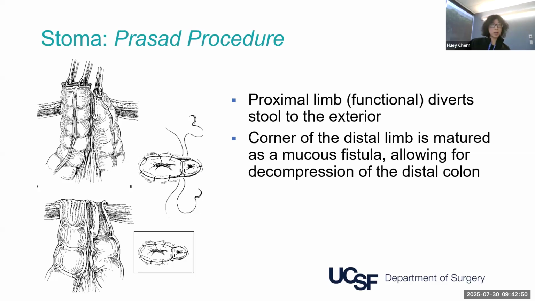This way, we can avoid making multiple incisions on someone's abdomen to create a stoma separately from a mucus fistula. We call it the Brisson procedure.